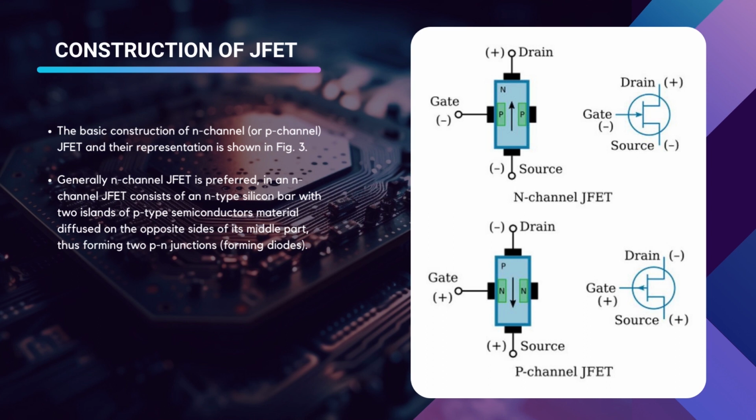An N channel JFET consists of an N type silicon bar with 2 islands of P type semiconductor material diffused on the opposite sides of its middle part, thus forming 2 PN junctions like those formed in the case of a diode.